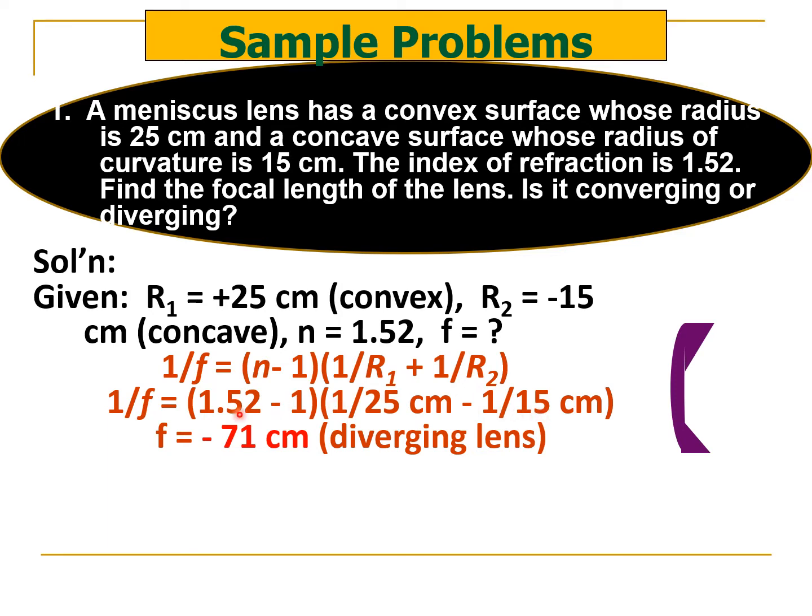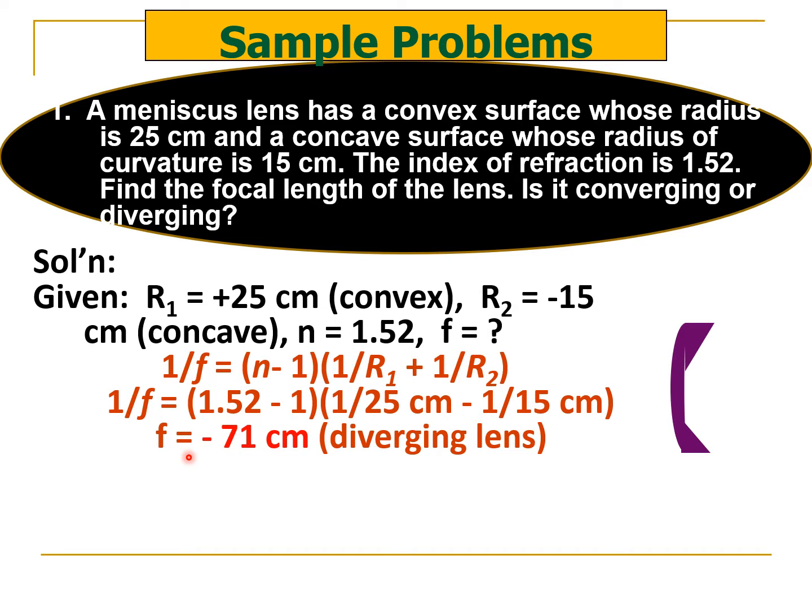Notice that this is 1 over f, so after doing our algebra, don't forget to invert your computed value, because that would just be equal to 1 over f. Since we are looking for the focal length f, we have to get the reciprocal, and that is equal to negative 71 centimeters.